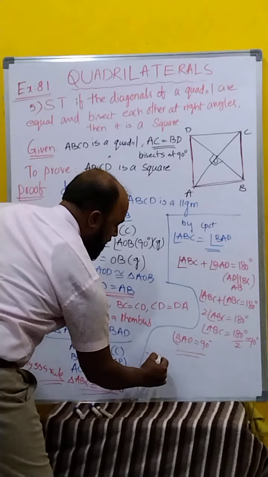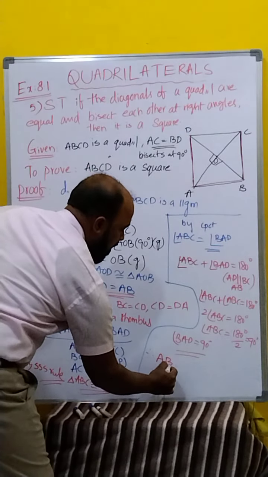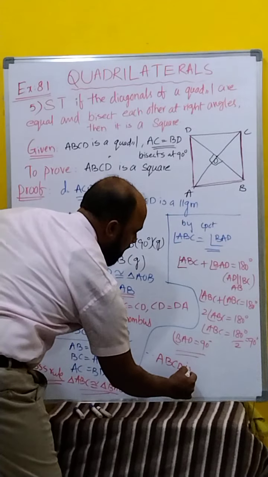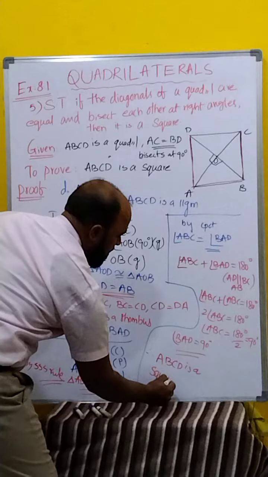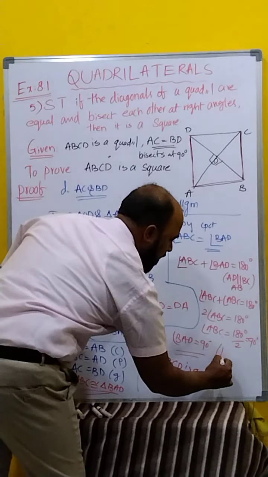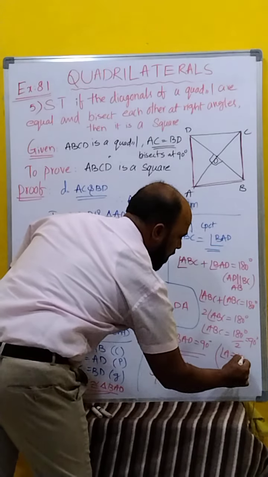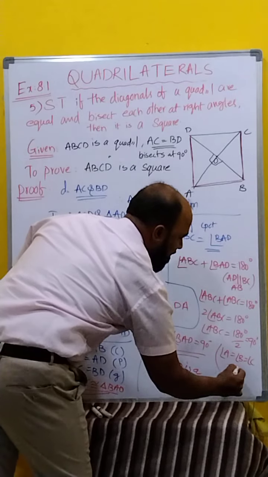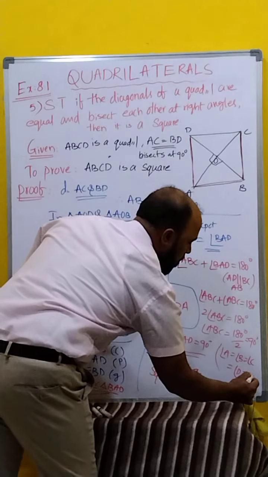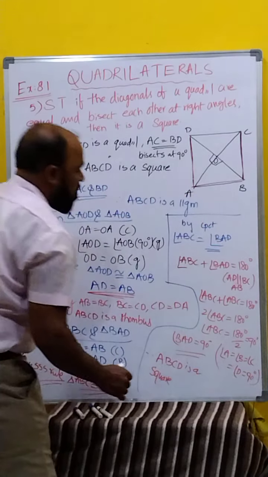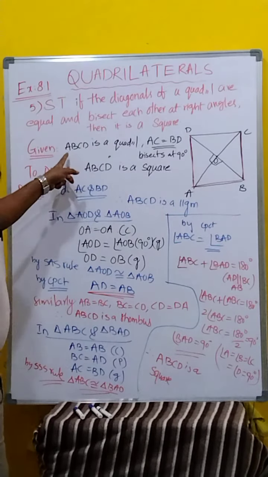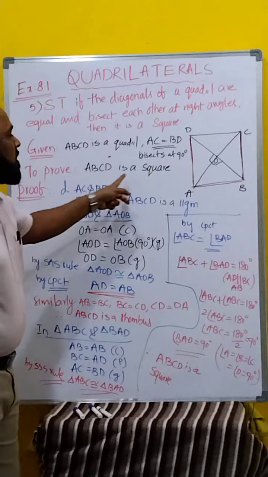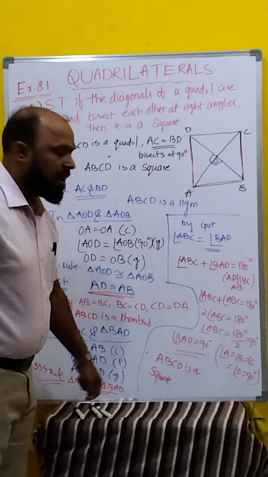Therefore, ABCD is a square. Clear, children? ABCD is a square. Just write in bracket: angle A is equal to angle B is equal to angle C is equal to angle D is equal to 90 degrees. Finally, what we have to prove here? ABCD is a square. That, finally, we proved. Clear, children?